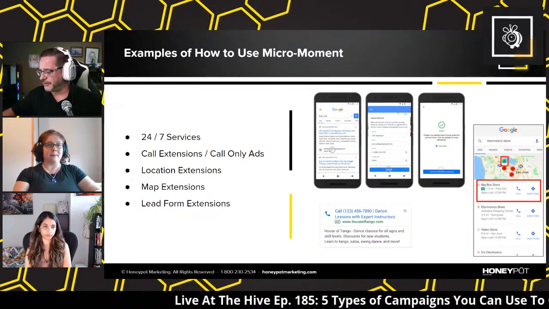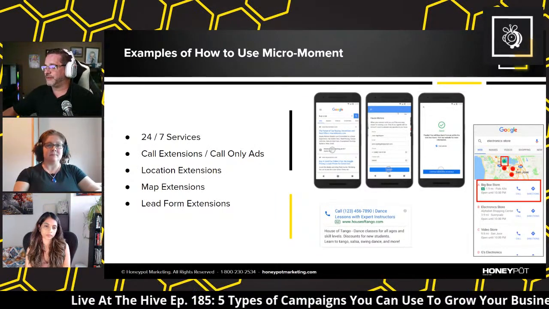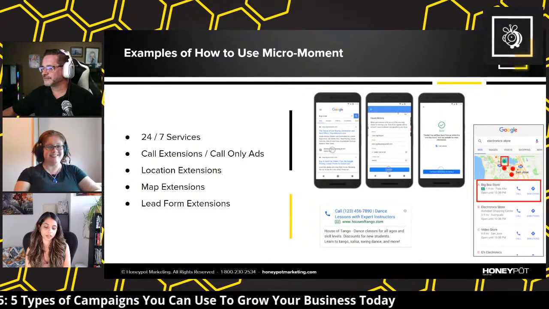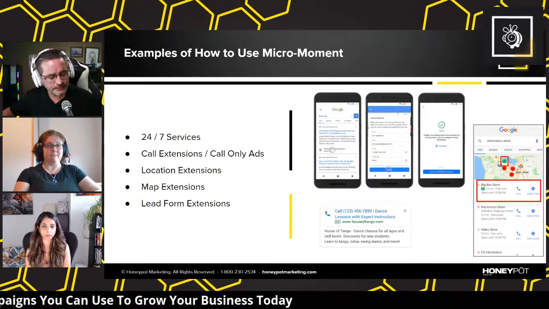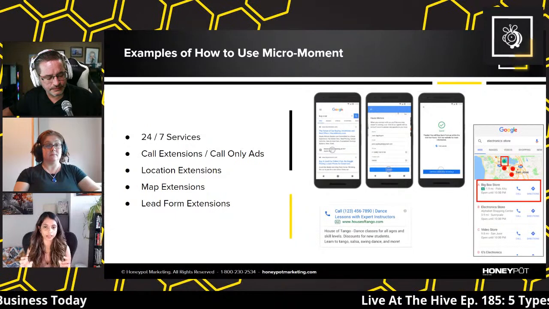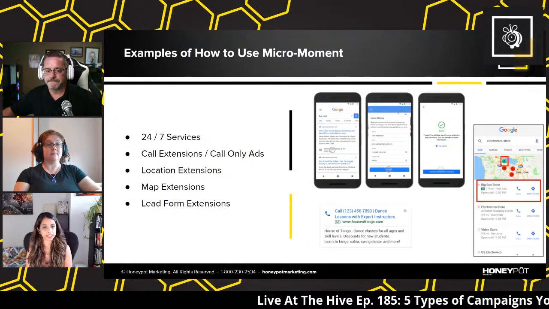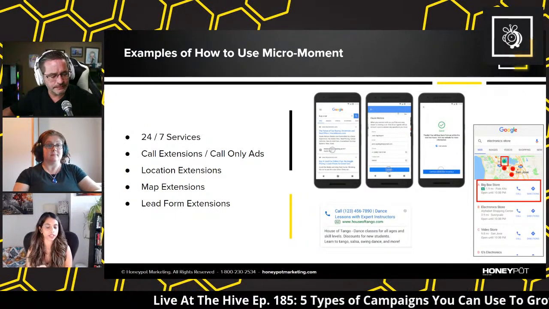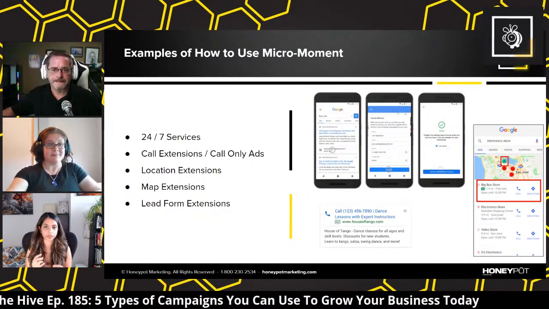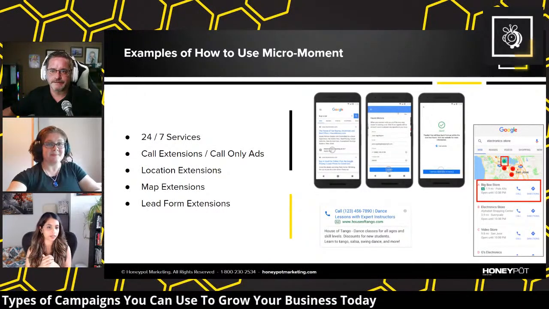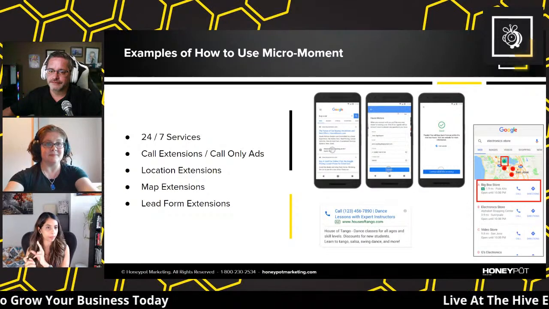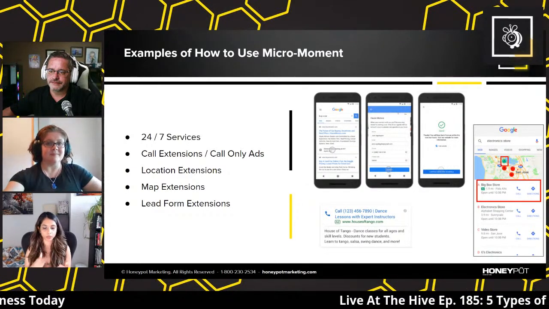Yeah, and Sachita, maybe you can just educate people on what extensions are and what they mean. Yeah, for sure. So certain search engines like Google and Bing offer extra elements apart from your main text ad. These are called extensions, and there are different types of extensions. Like there are sitelink extensions, which come with text and can lead you directly to a certain web page, depending on where you want to send them.